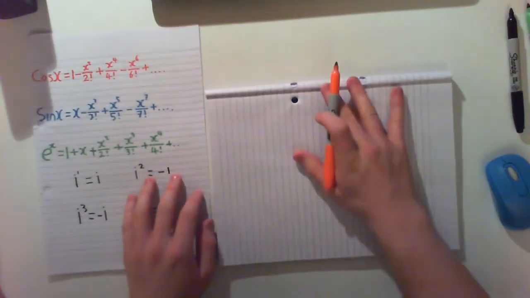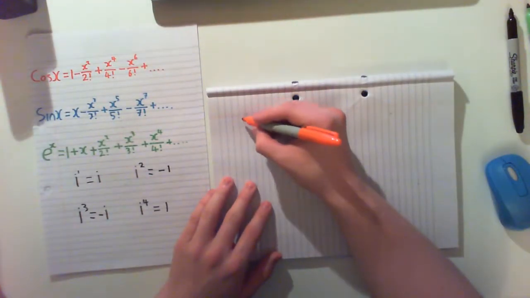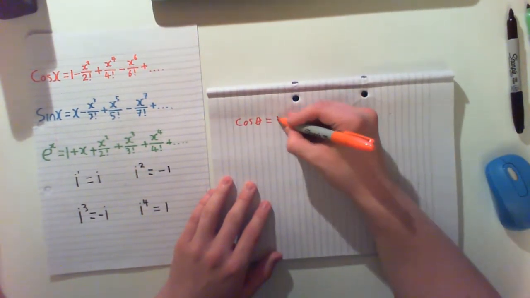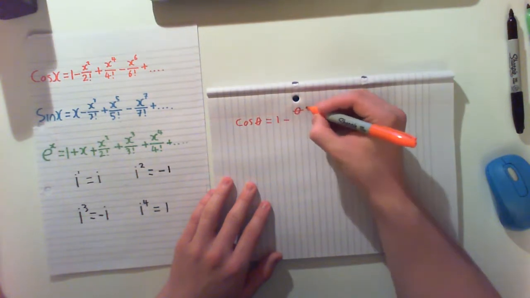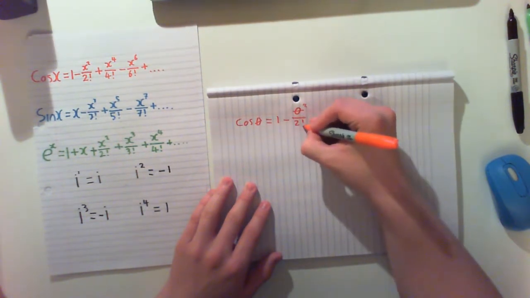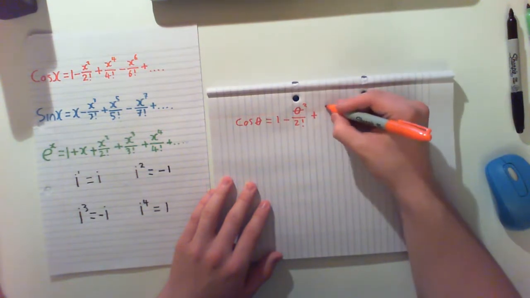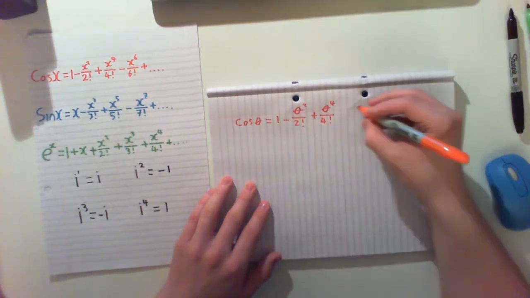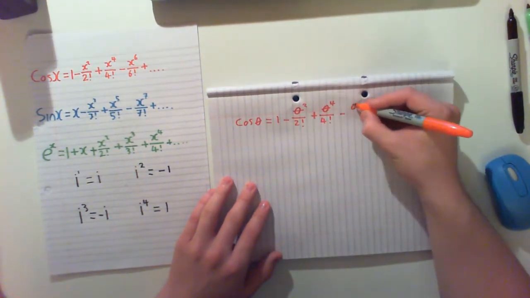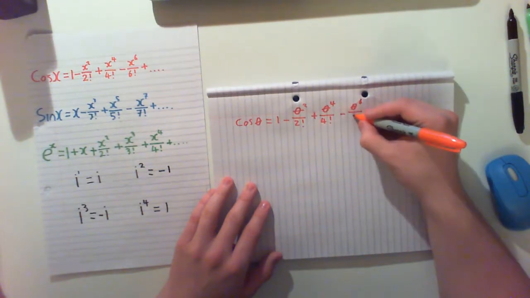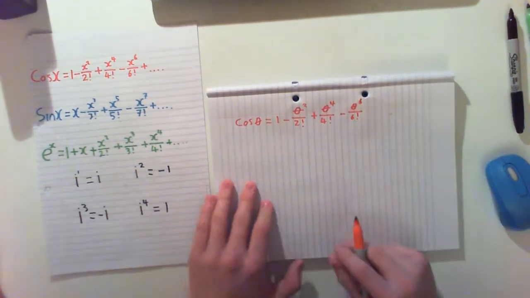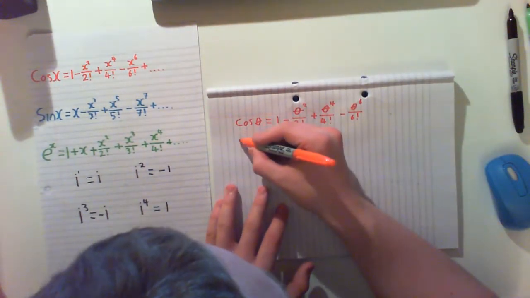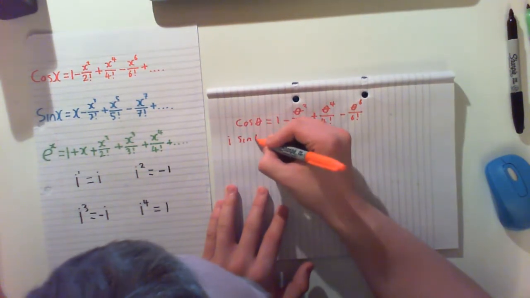We'll start off with cos, and for cosine, we'll just put in all of our values of theta. So we have 1 minus theta squared over 2 factorial plus theta to the 4 over 4 factorial minus theta to the 6 over 6 factorial. And we're only going to do it to that many terms. We'll then take sine, and now this is i sine theta.